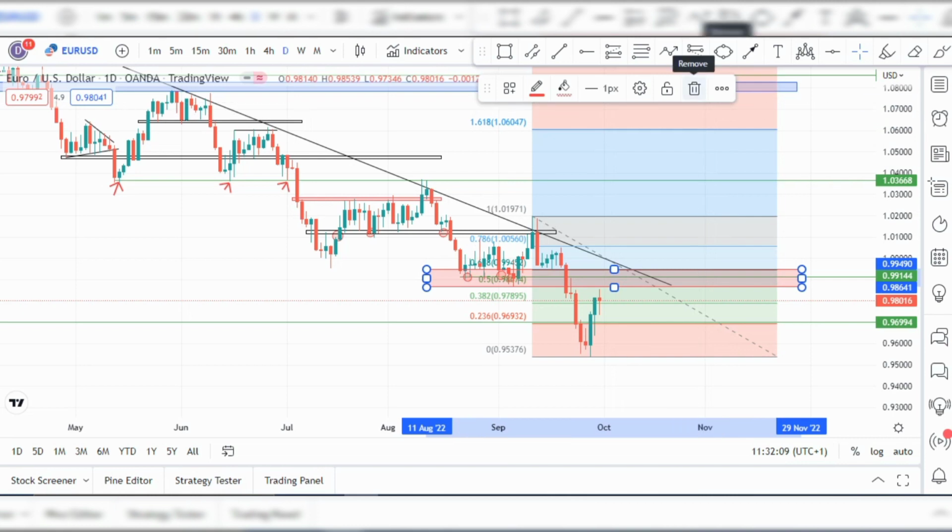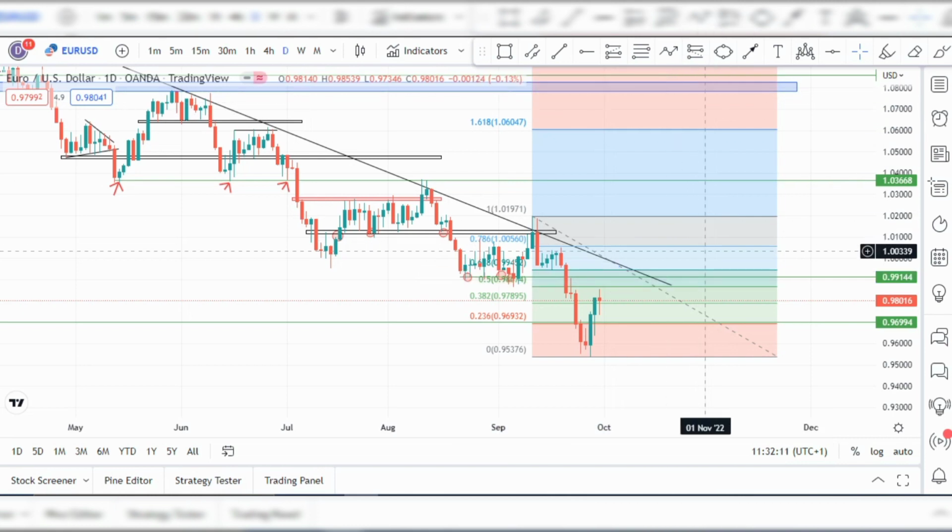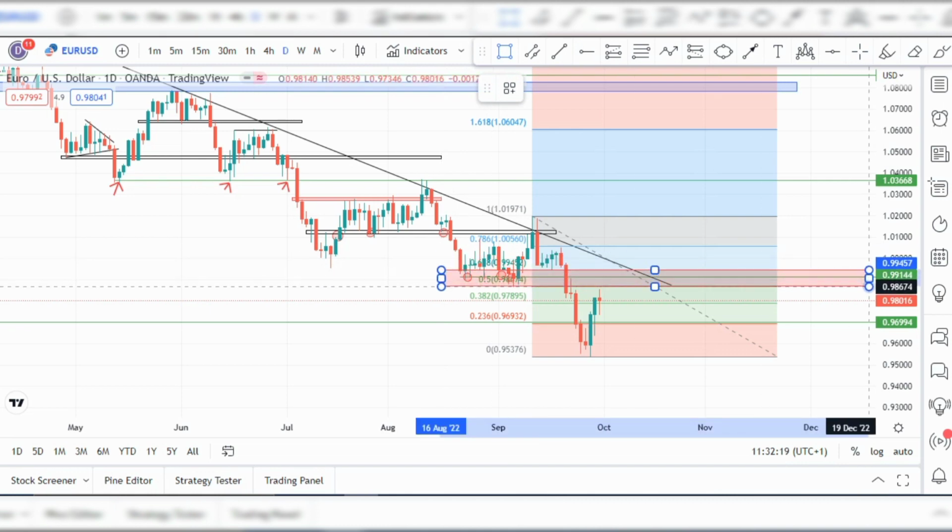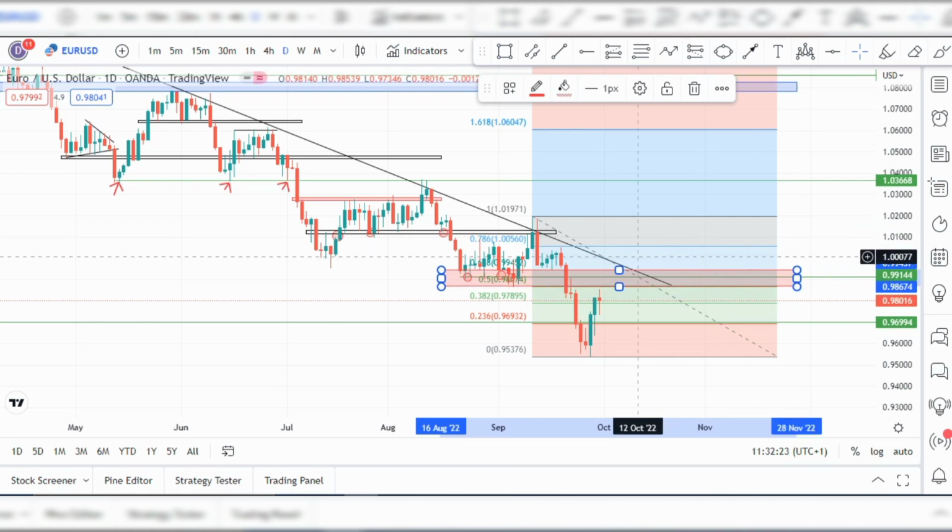Ultimately this area falls within the 0.99 zone, that's what I will call it, and that is where price is getting into at the moment. This zone also falls just around where the trend line is.